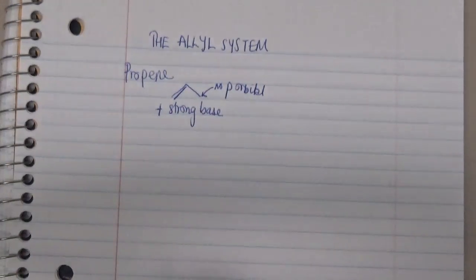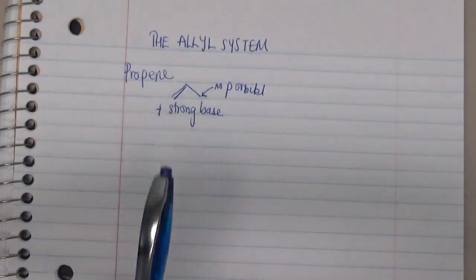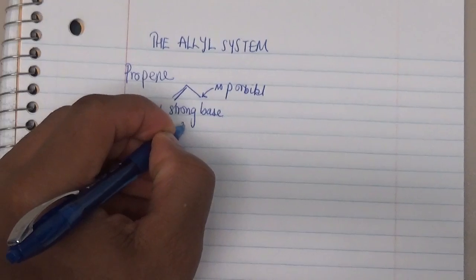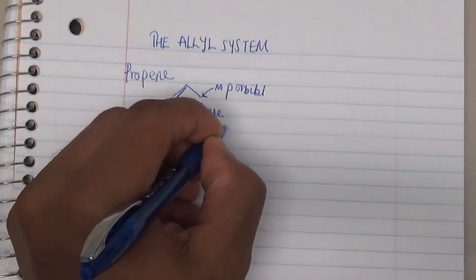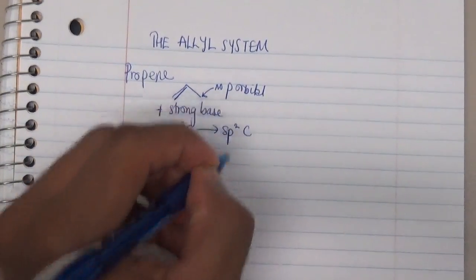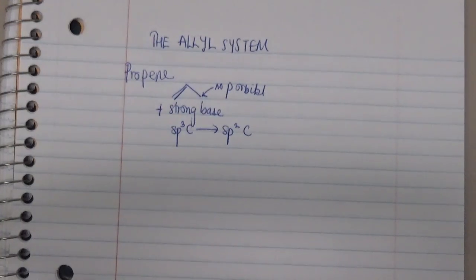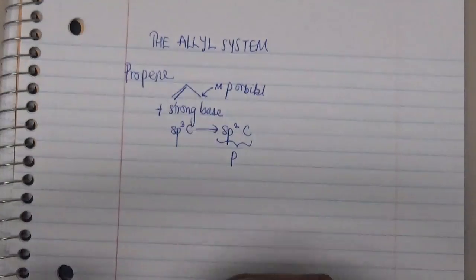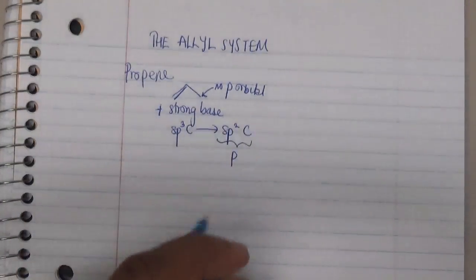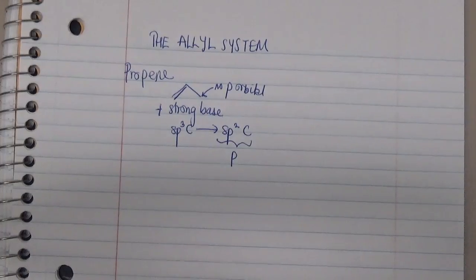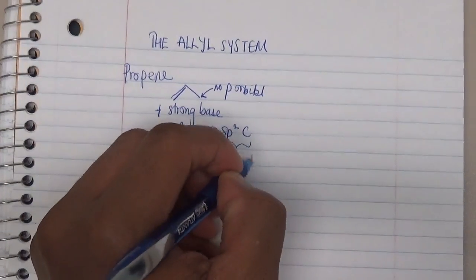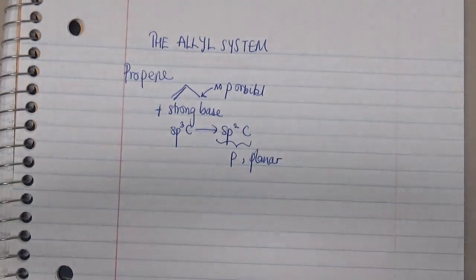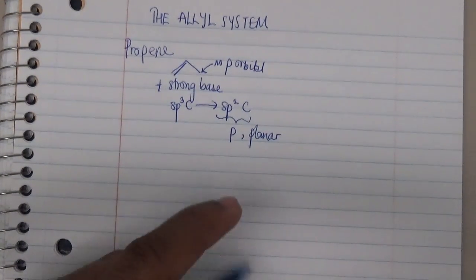Quite fascinating, because if you're able to do just that, we can transform our sp3 carbon into an sp2 carbon. Once you do that, we generate a p orbital that will be crucial to form this nice conjugated system alongside our planar system as well. So let's look at the reaction process.